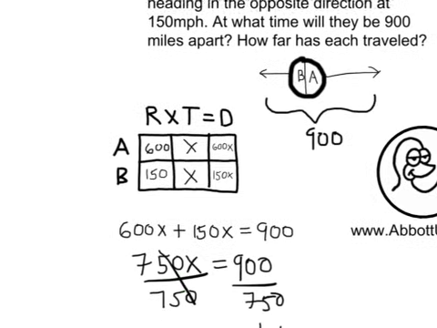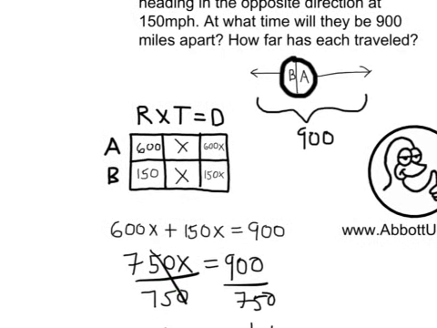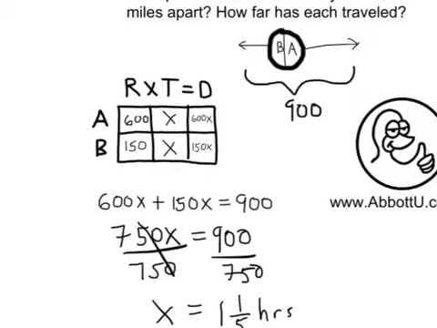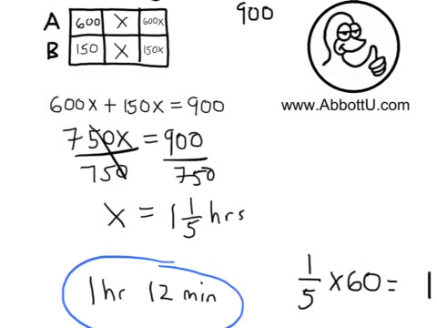Well, the distance that each of these planes traveled is represented here, isn't it? So we've got plane A traveling for 600x distance. We got plane B traveling for 150x distance. Now remember, we already know what x is. We already solved for it. X is 1 1/5 hours.